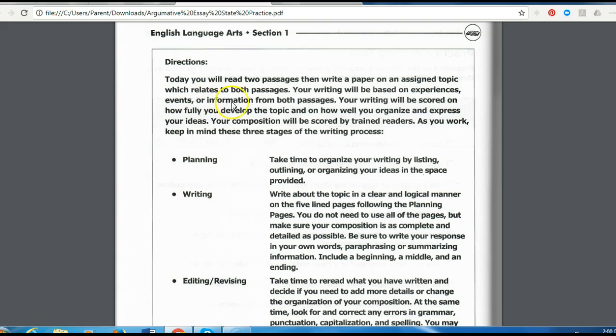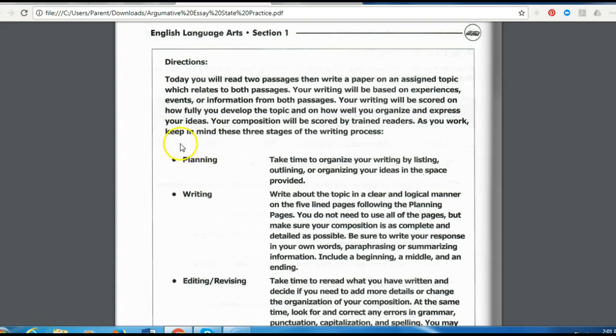And you always have your 2 passages. You want to make sure and include information from those so that someone grading your test knows that you went through and read your passages. Your writing will be scored on how fully you develop the topic and on how well you organize and express your ideas. Your composition will be scored by trained readers. As you work, keep in mind these 3 stages of writing.